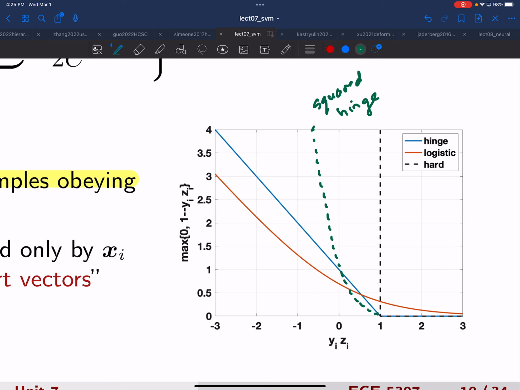So any guesses why we might want to use that instead of the regular hinge? Yes. This loss is differentiable, just like the logistic one, and unlike the hinge loss.